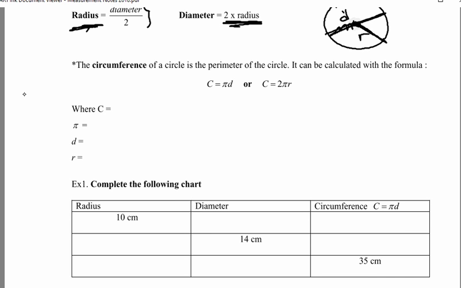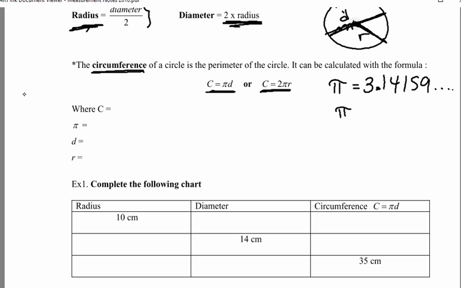Well, there's 2 of them, really. The circumference, perimeter of a circle, is pi times d, or 2 pi r. Don't forget, pi, special number that deals with circles. 3.14159... Usually a lot you will use 3.14.